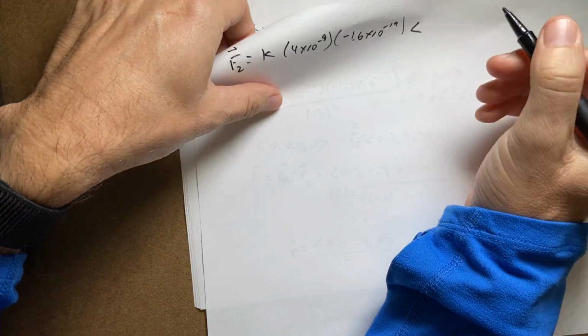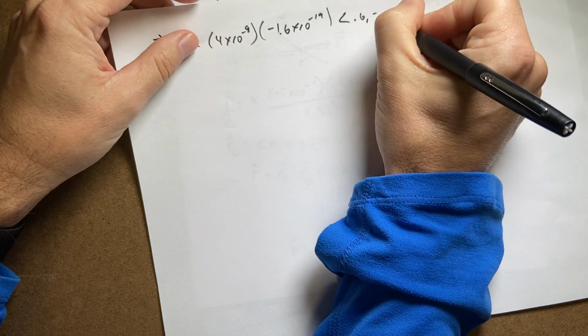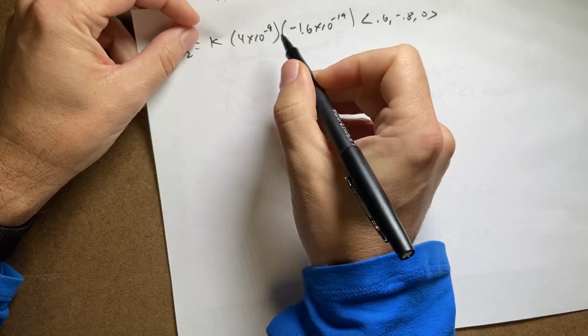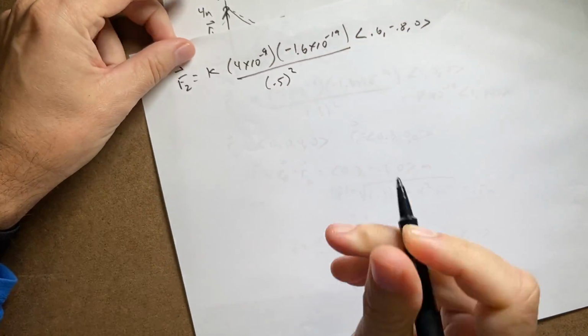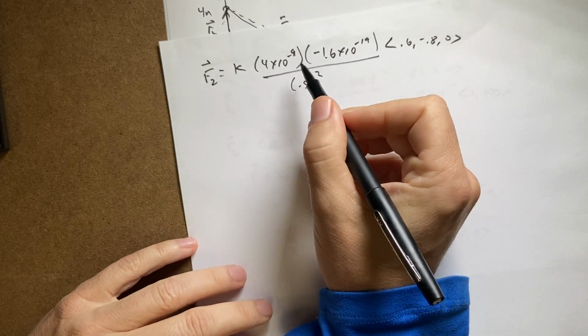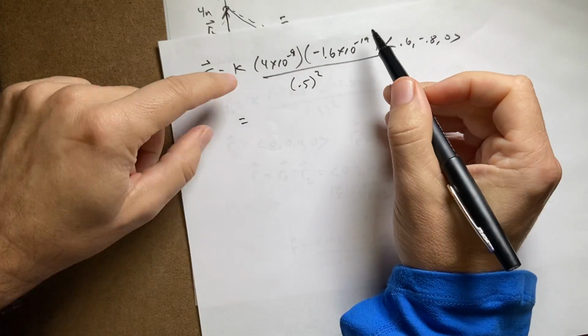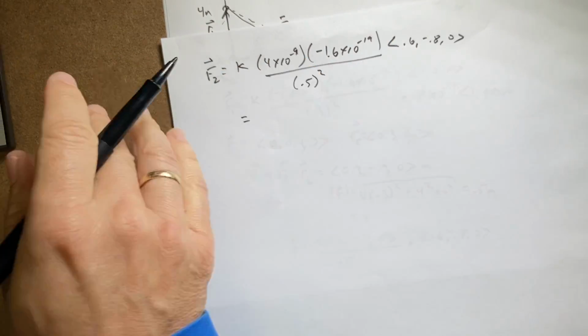My unit vector was 0.6, negative 0.8. And then I need to divide by the magnitude squared, which was 0.5 squared, because that was my magnitude. Okay, so I'm going to put all of this in. I'm going to take all of this and multiply it together and then I'll have that times the unit vector.